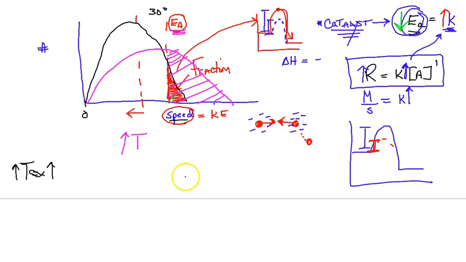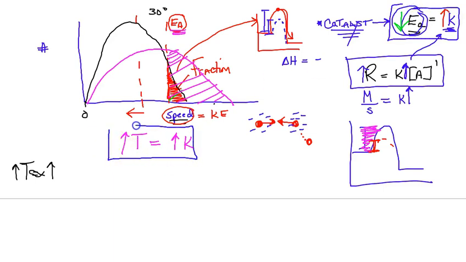So increasing the temperature also equates to a higher K, because now more molecules have enough energy to overcome this reaction barrier. You need to be aware that the value for K is dependent upon the inverse relationship of activation energy and the direct proportion of temperature. And we have an equation that I will not derive for you.